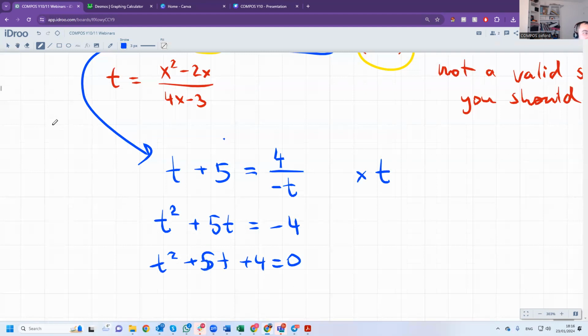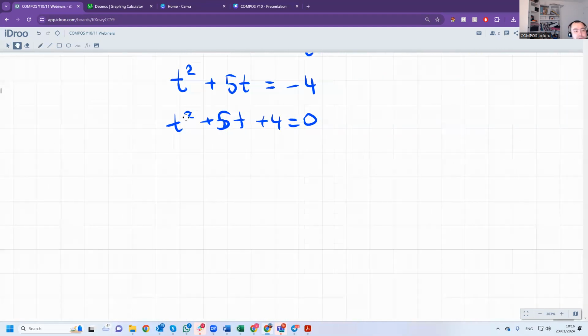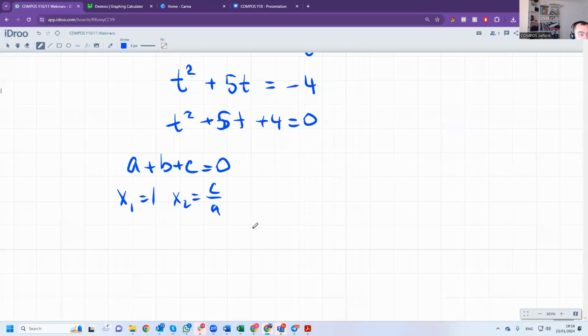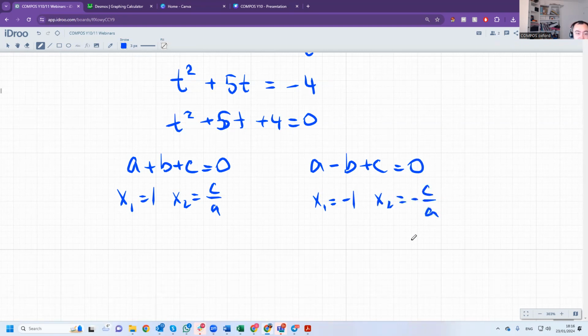And if you remember, at the beginning of the year, I showed you a trick that if a plus b plus c is equal to 0, then x1 is 1, x2 is c over a, or if a minus b plus c equals 0, which is the case, then x1 equals minus 1 and x2 is equal to minus c over a.